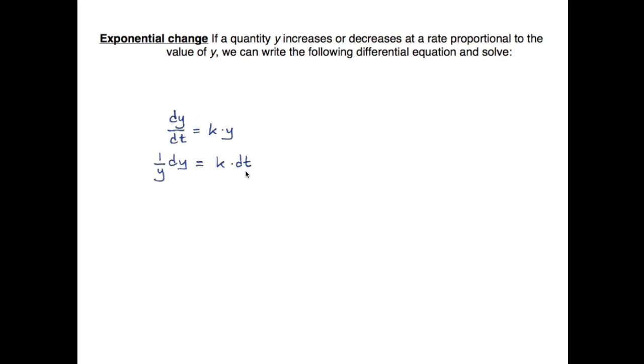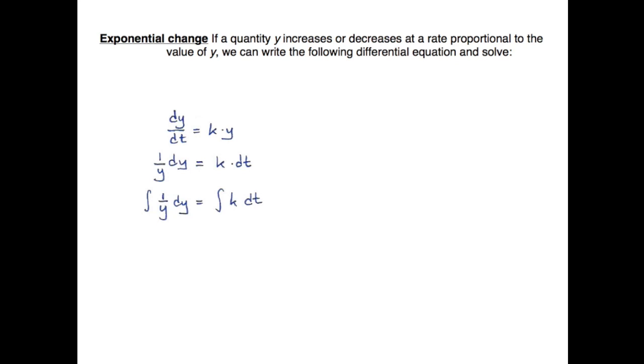You notice that there is no t in this equation, so we have nothing to put with dt. We just keep the constant k with dt. We could also divide by k, it doesn't matter, it would bring it to the other side. But we're just keeping it here in this example. Actually, it's much nicer to have k rather than 1 over k here, so let's keep it here.